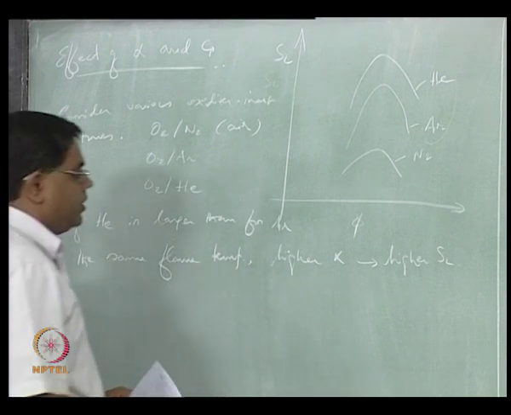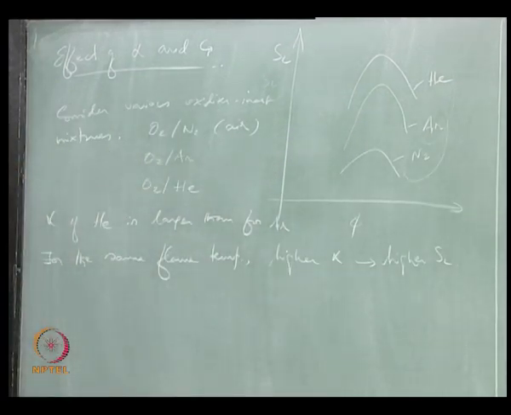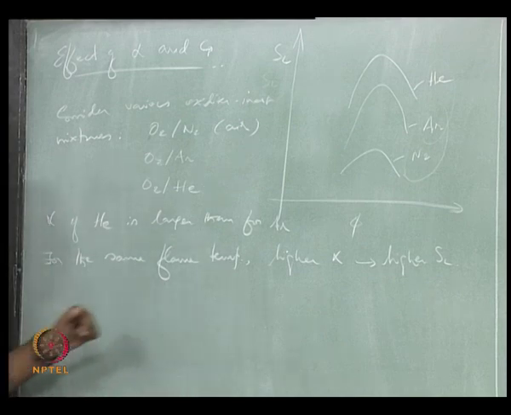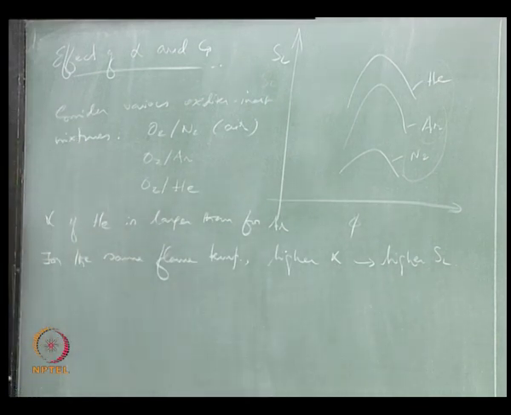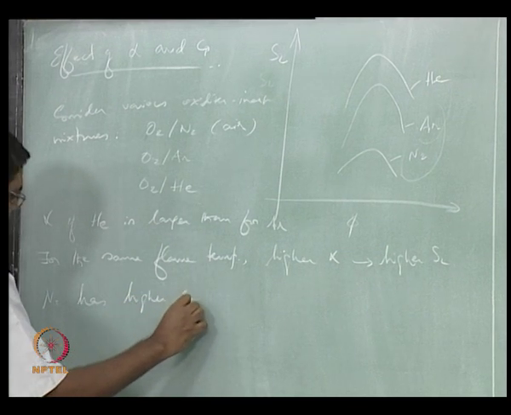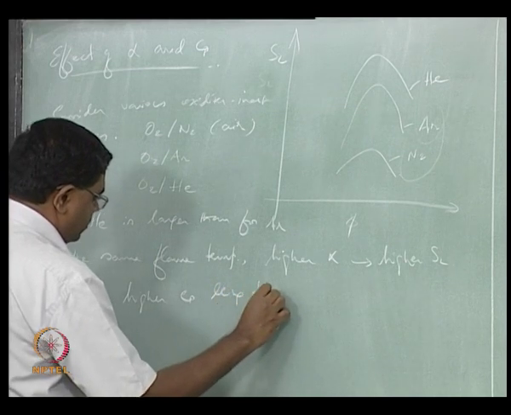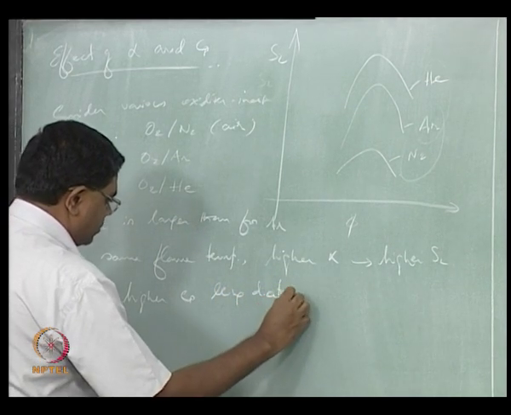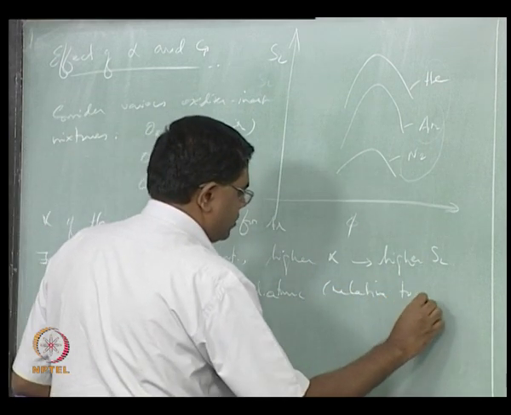Now, what happens to this combination? What you have to think about is, here the Cps are different. Between argon and nitrogen, argon is a monatomic gas, but nitrogen is a diatomic gas, so the Cp is different. N2 has a higher Cp, being diatomic, relative to argon.